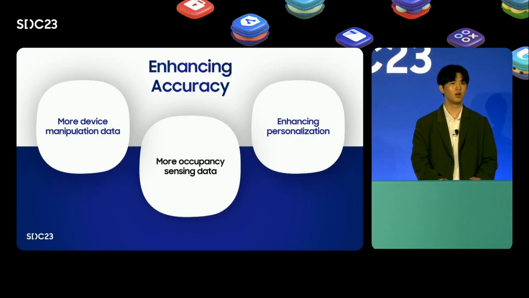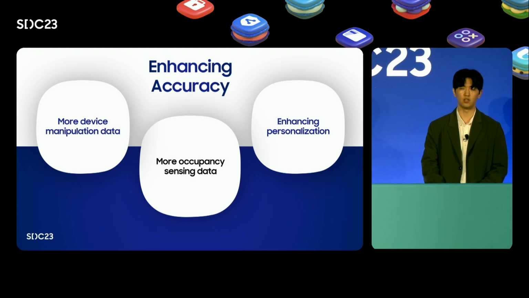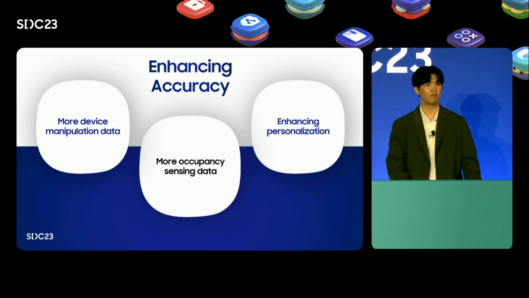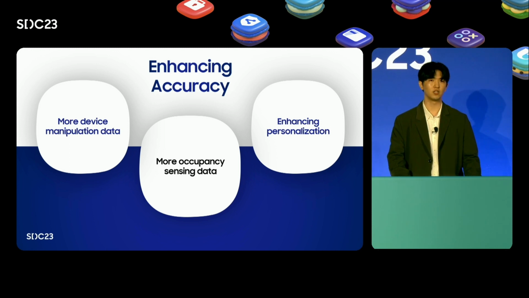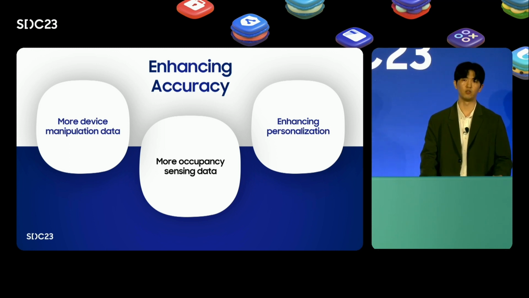Moving forward, we are committed to enhancing the accuracy of occupancy detection through three primary strategies. First, integration of additional devices' manual manipulation data. Second, incorporation of sensing data specifically related to occupancy. Third, emphasizing personalization.